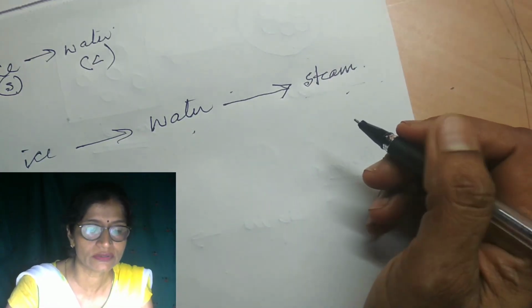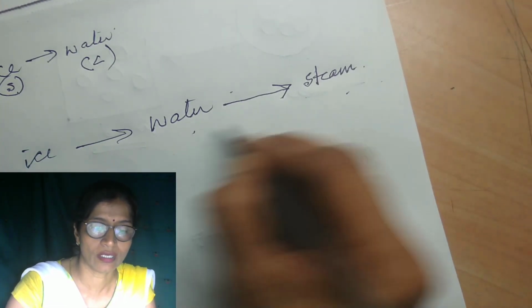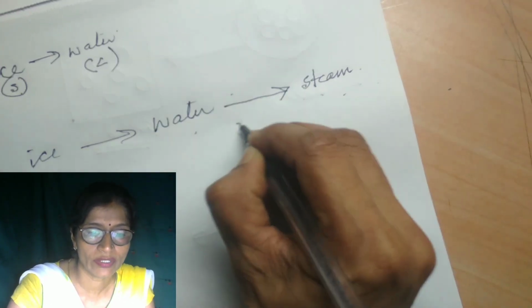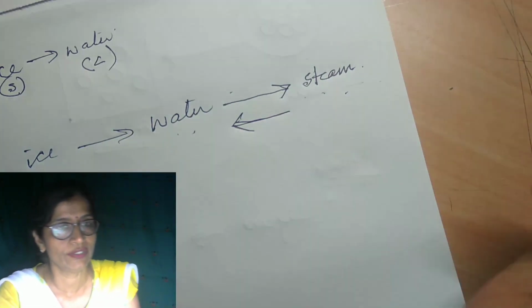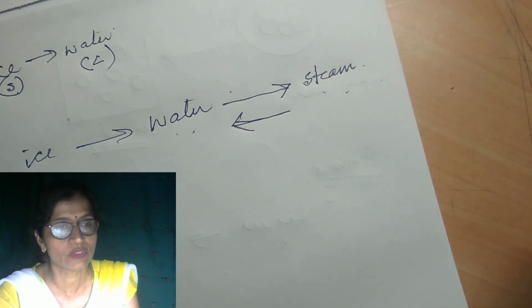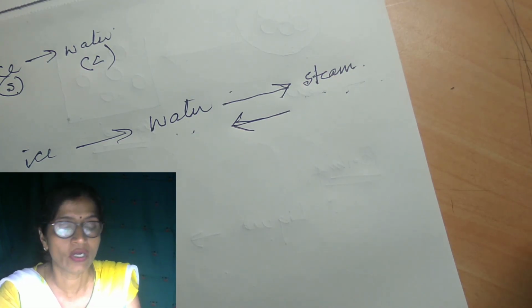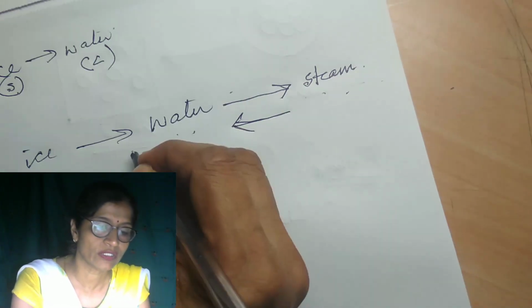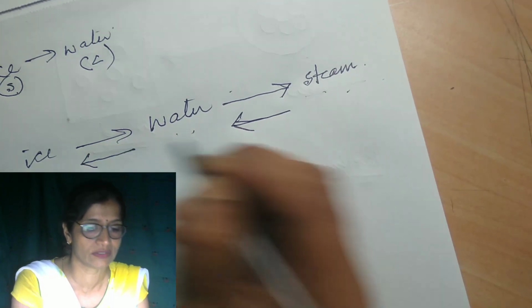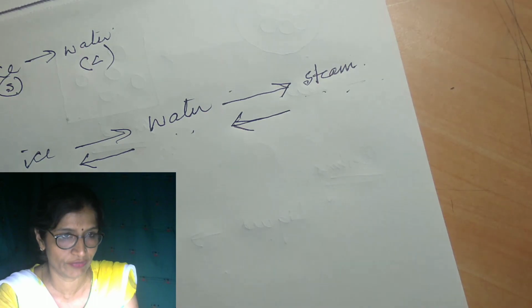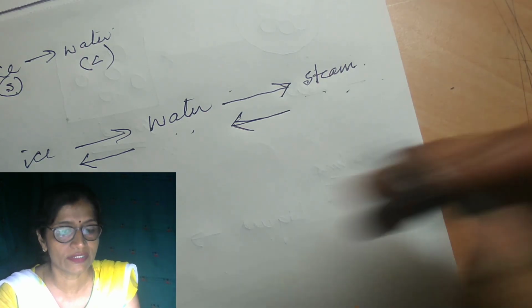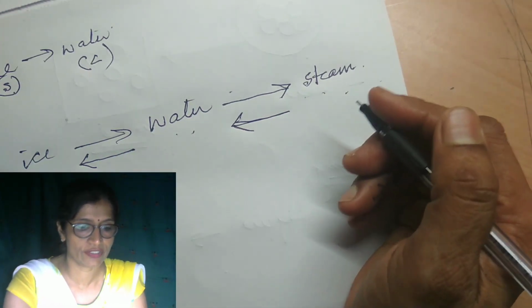Again, when this steam is cooled down, it will be converted into water, and that is condensation or liquefaction. Or water converted into ice, and that is known as freezing or solidification.